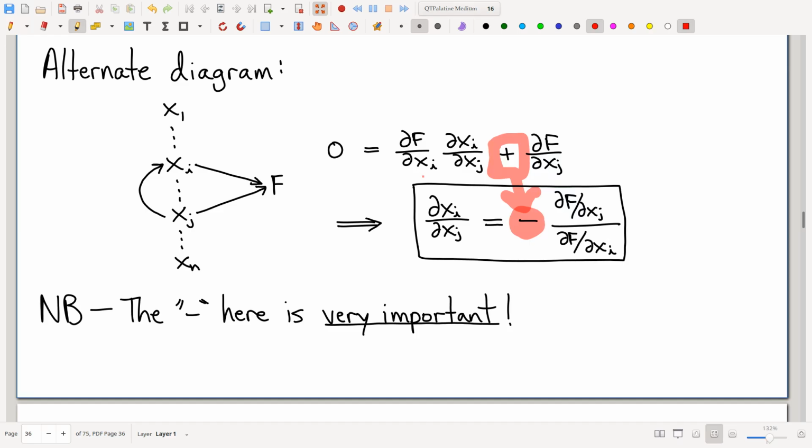Because we're talking about two separate contributions. That path contributes that term, and this path contributes that term. And the whole point to looking at these two separate contributions is they have to add up to 0 because f's not allowed to change. Right? f can't change.